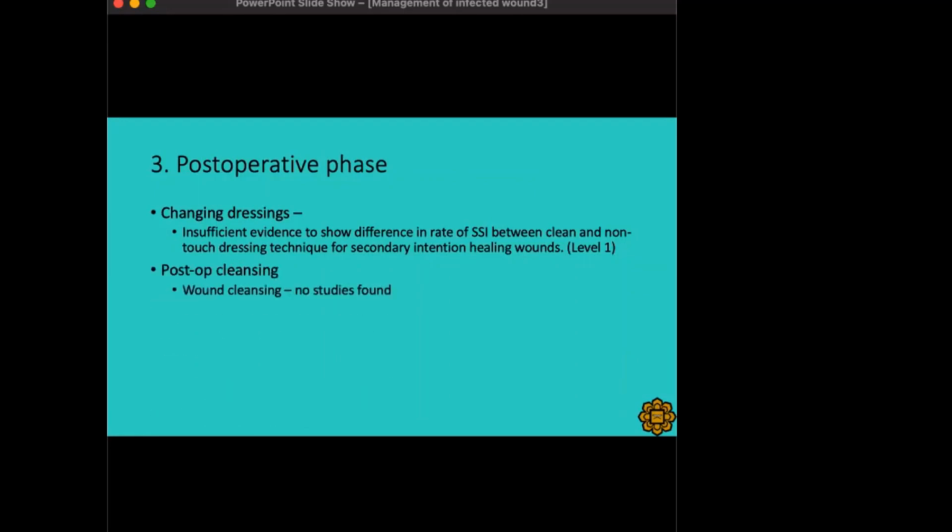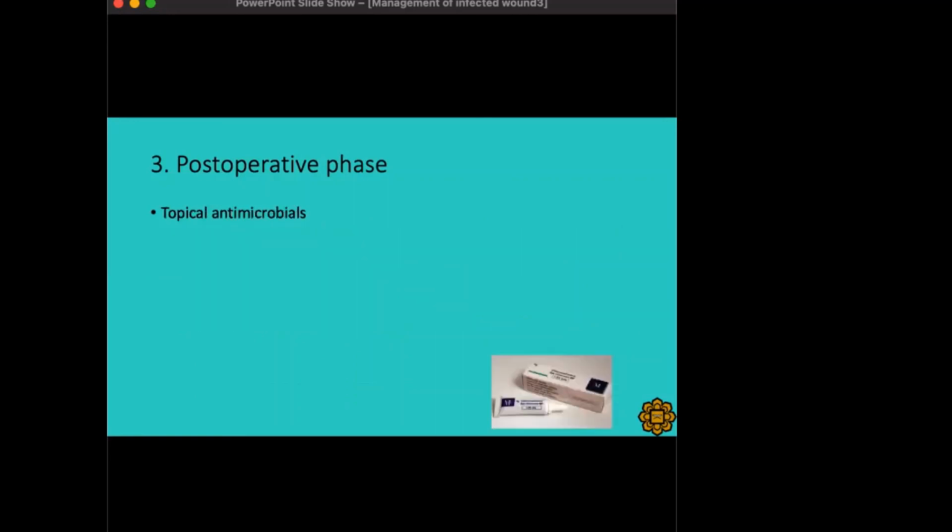Post-op wound cleansing, no studies found. Post-op cleansing, showering on first or second post-operative day versus keep dry for 14 days or no shower, no difference. Okay, so you can either ask them to shower early or you can leave it.